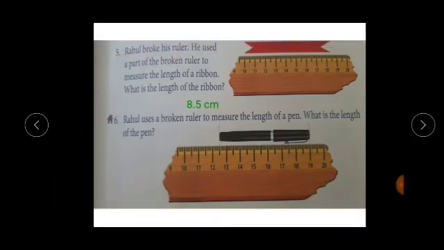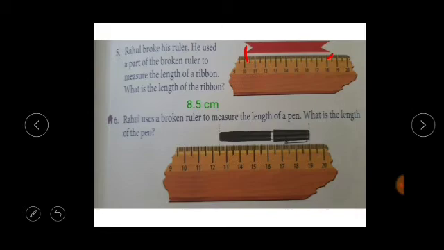Rahul broke his ruler. He used a part of the broken ruler to measure the length of the ribbon. What is the length of the ribbon? Okay. And this is the broken scale. Let's mark the length of the ribbon on the ruler. Okay.